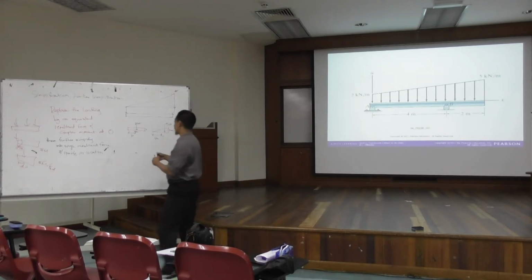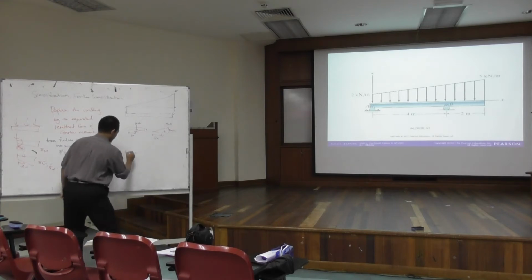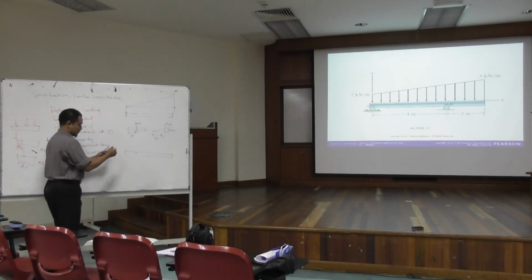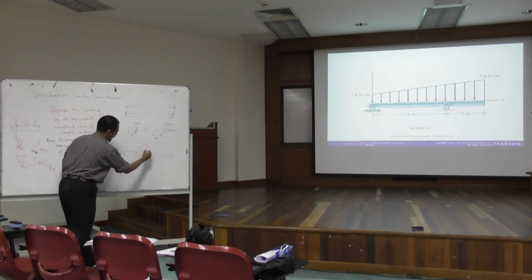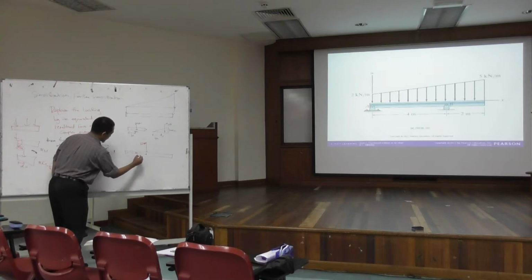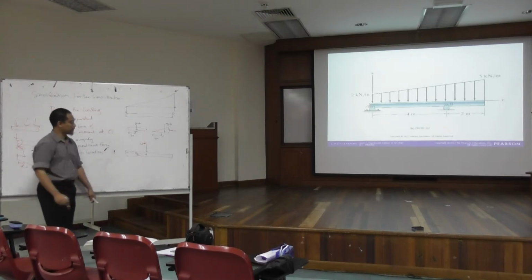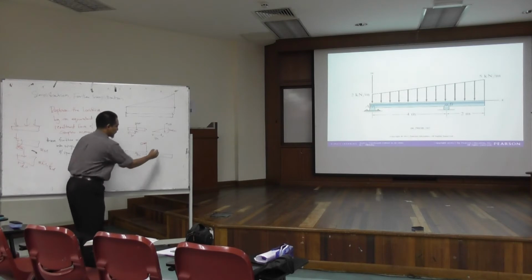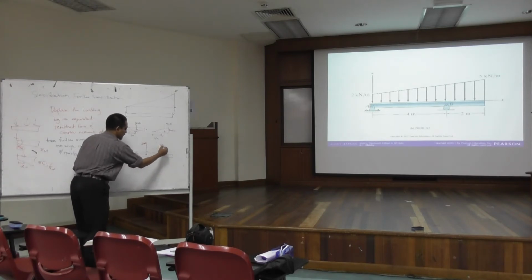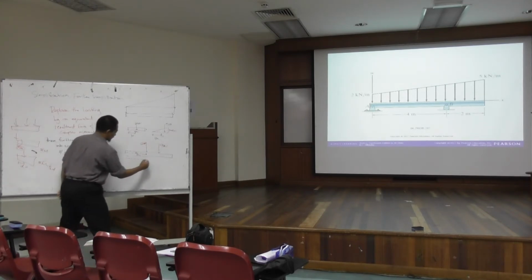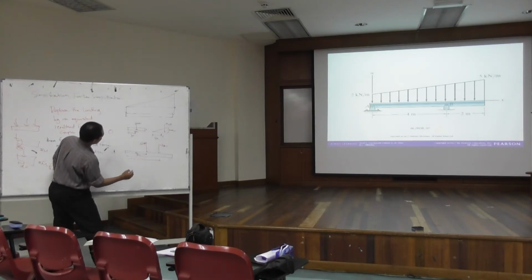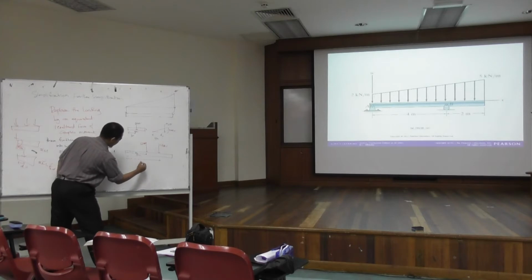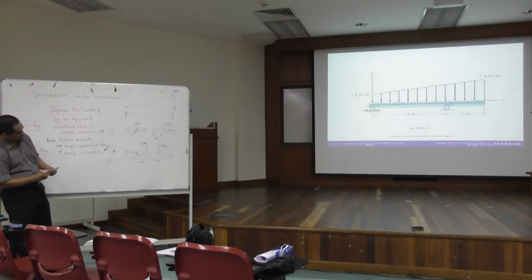So if we redraw back here in the new diagram, this 12 kilonewton will be at the middle, right? 12 kilonewton with the distance of 3 meter, right? And then this 9 kilonewton will be there with a total distance of 4 meter, right?